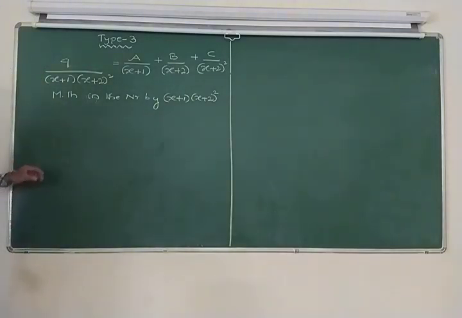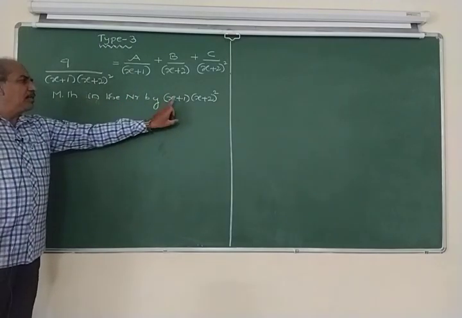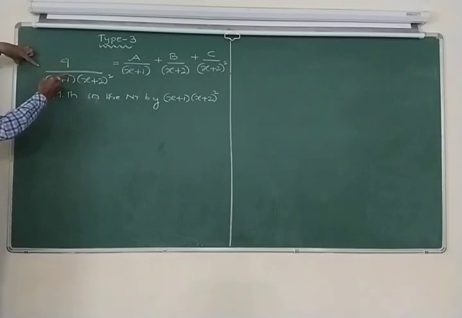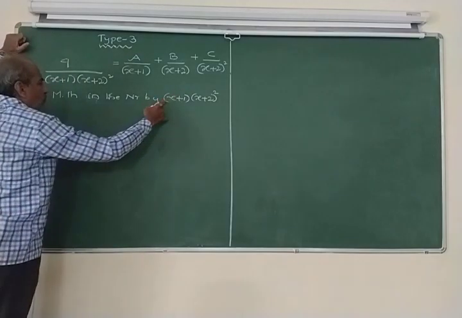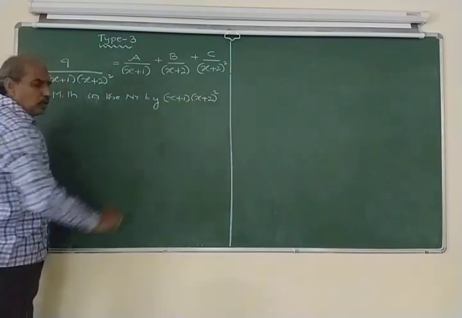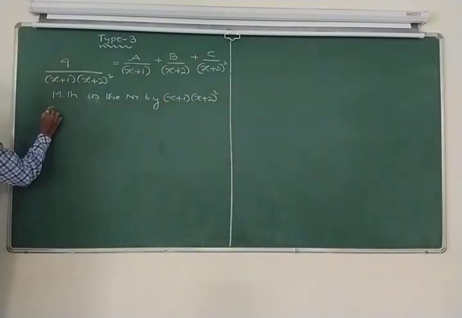Okay. Now, look at this here. When I multiply by x plus 1 into x plus 2 the whole square, x plus 1 will go, x plus 2 the whole square will go. What is left now? Only 9.